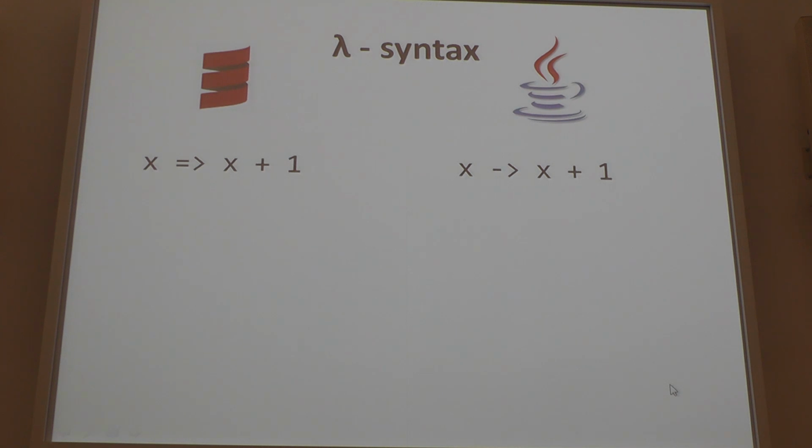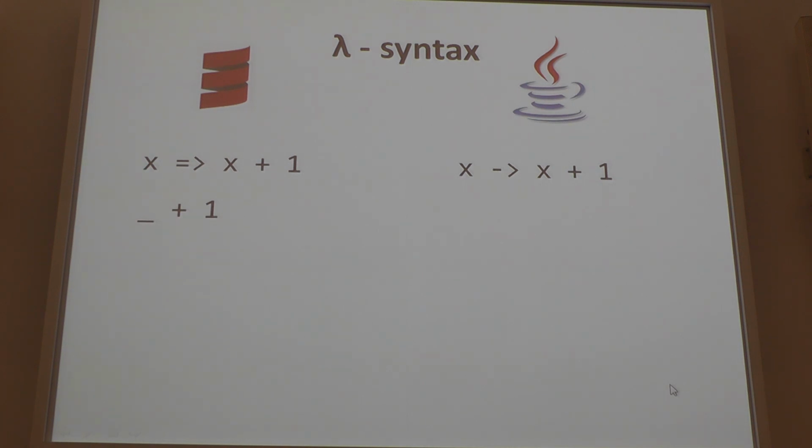As you can see, the differences between Scala and Java are minimal. It's only the arrow sign. Java uses the single dash, and Scala uses the equals sign. Also, in Scala there is a little shorthand syntax.